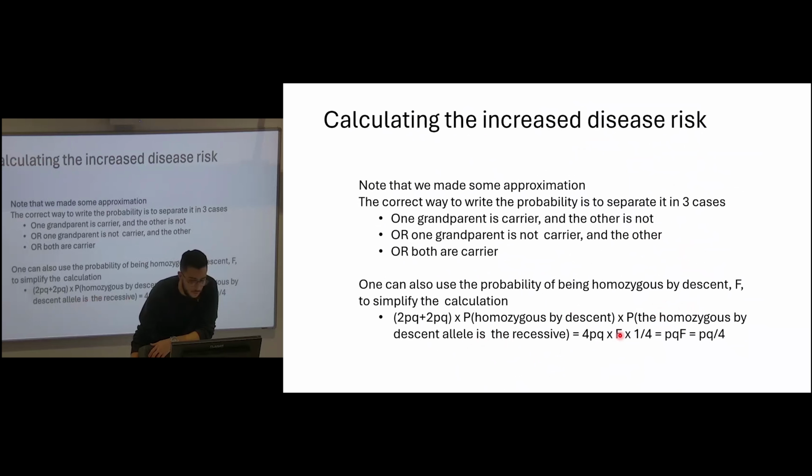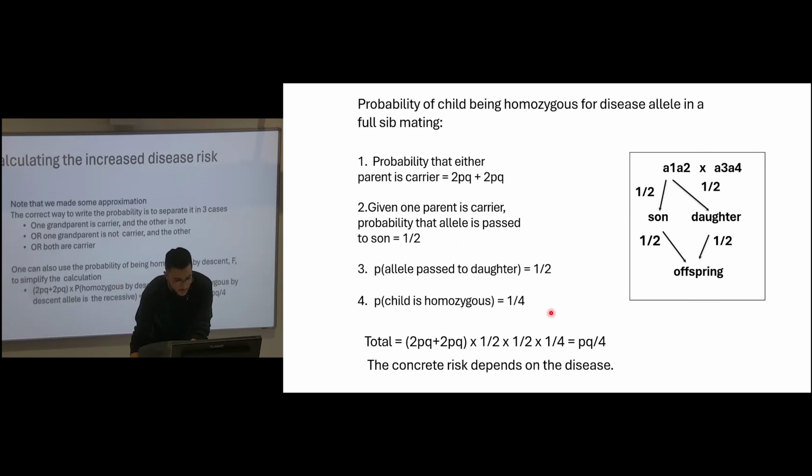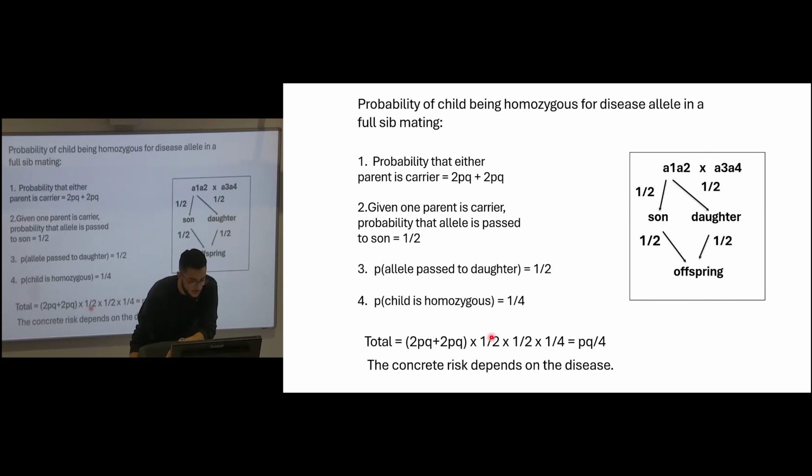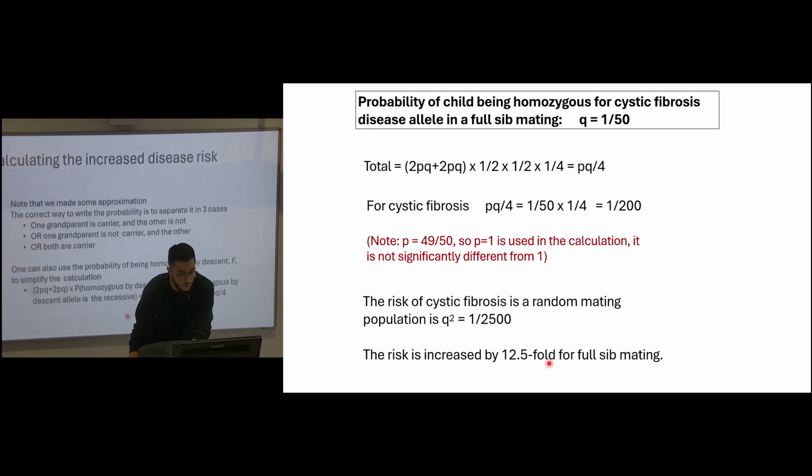And the F, we just learned it, this P homozygous by descent is the same thing as half times half, okay? Make sense? And then 1/4 will have the disease. So you can use both ways.